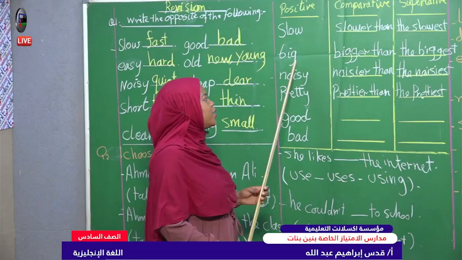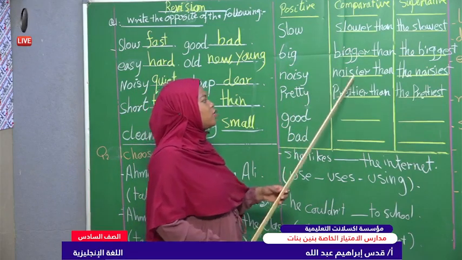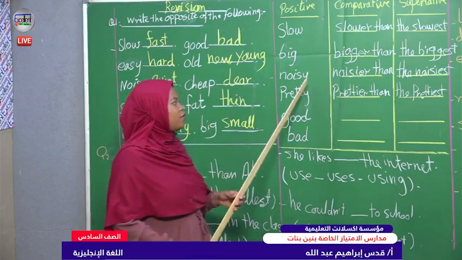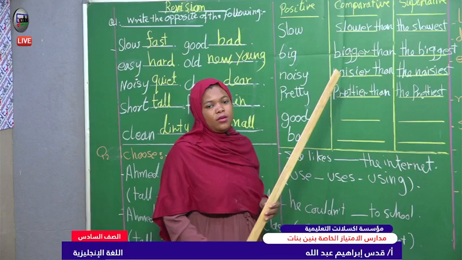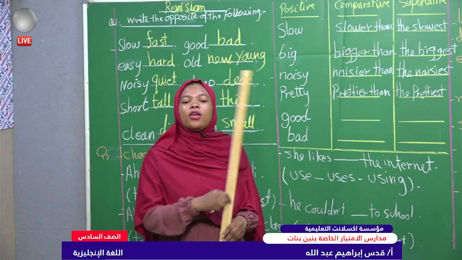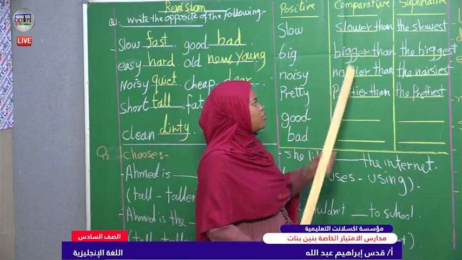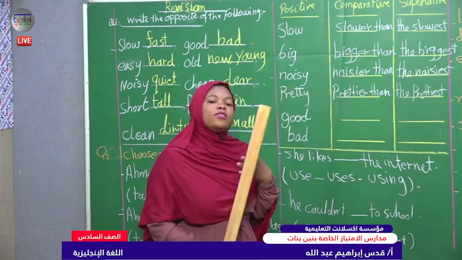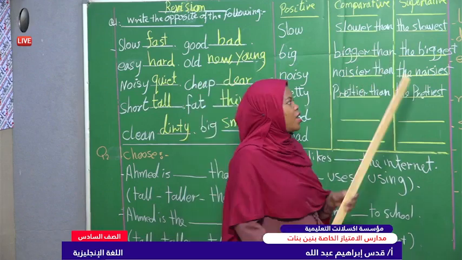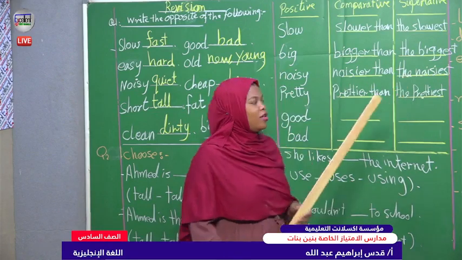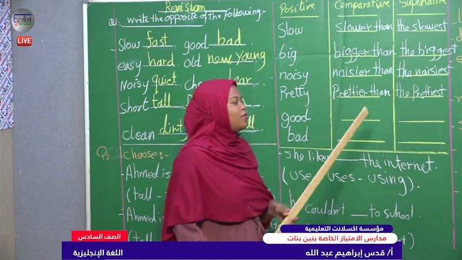Big, bigger than. Noisy, noisier than, taking care of the letter Y. Pretty, prettier than. This is the comparative. When I want to compare between two things, I use this form. When I want to give the superlative: the slowest, the biggest, the noisiest, the prettiest.